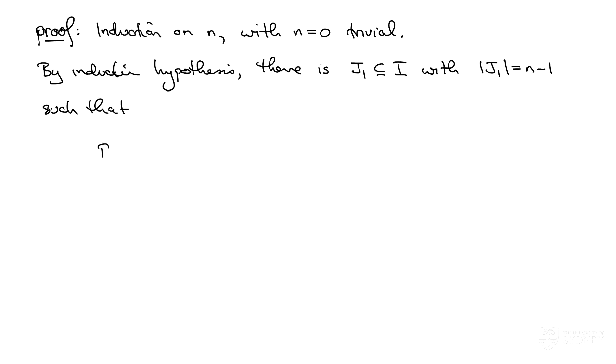Such that the set B1, which is obtained by throwing away all of the Vi's with i in J1, so that's what that means, throw away the Vi's with i in J1, and then throw in the W1 up to Wn minus 1, this guy's a basis.